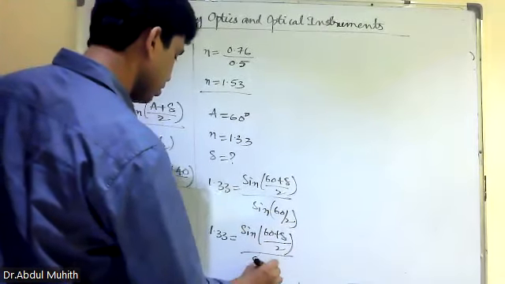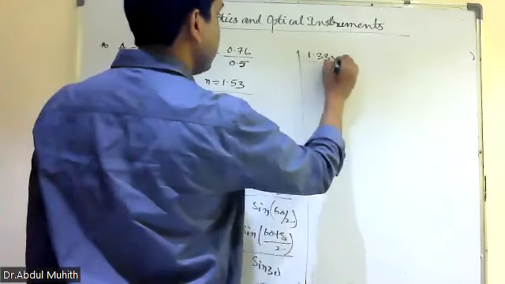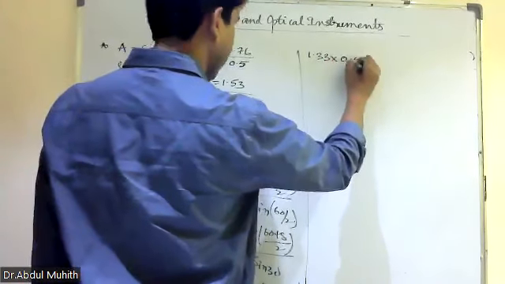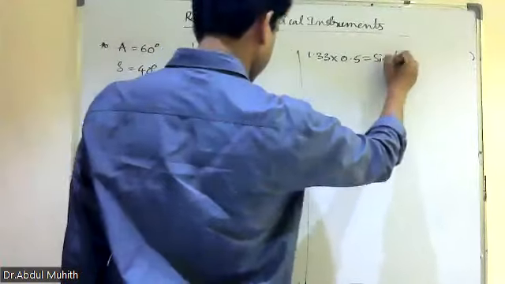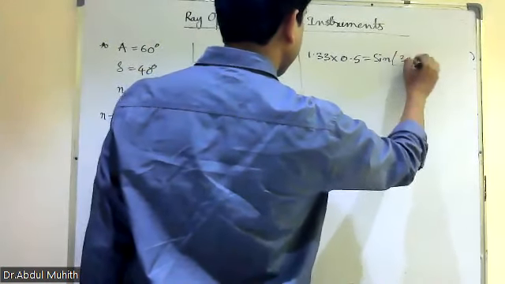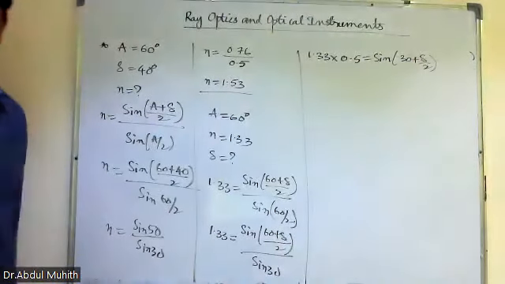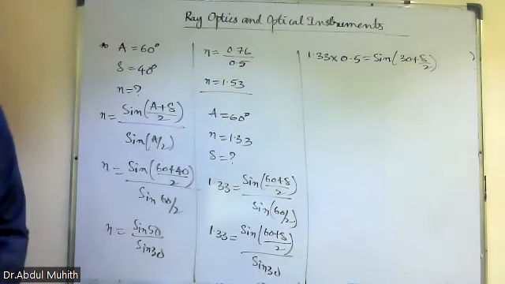So 1.33 into sine 30. Sine 30 is 0.5. That is sine of 30 plus delta by 2. Now multiply 1.33 by 0.5.